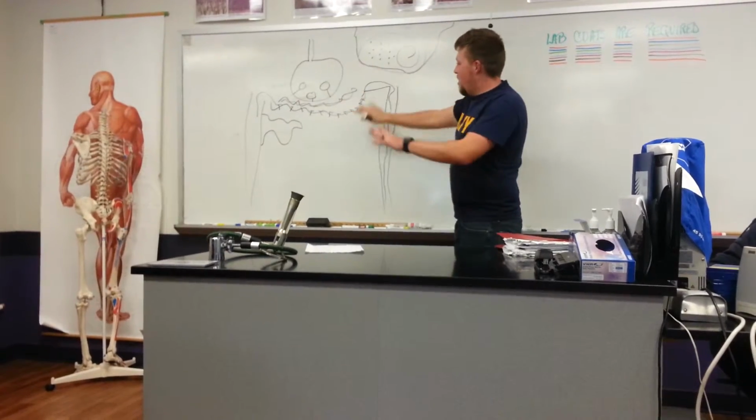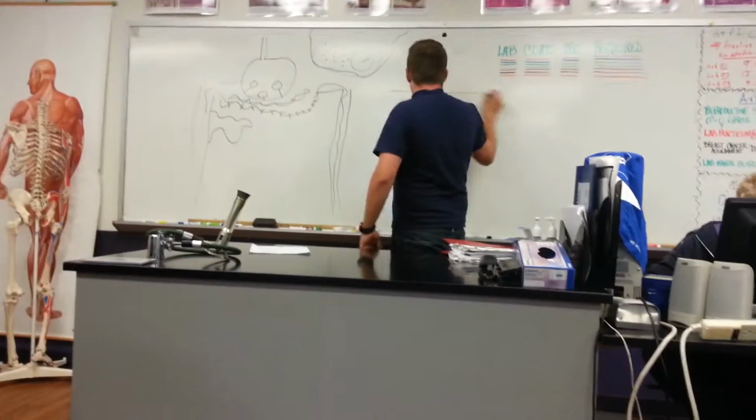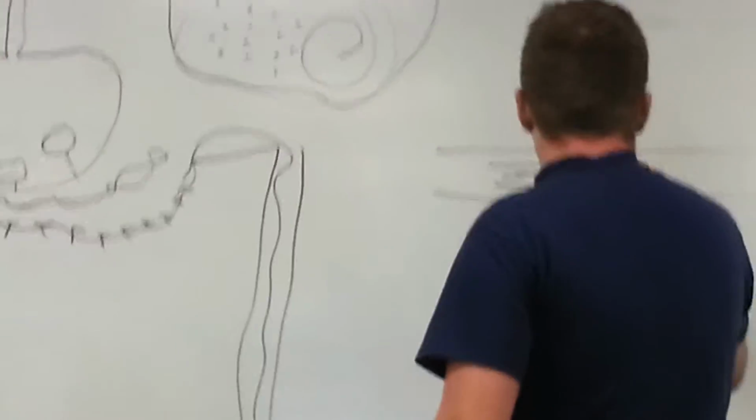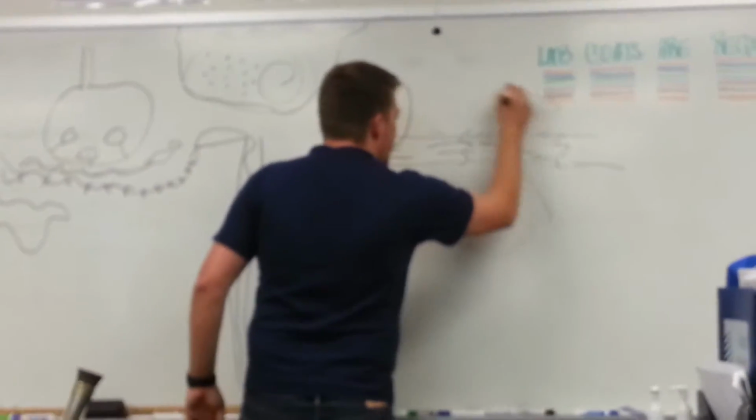So now we're going to zoom in a little bit over here. You have the myofibril with its actin and myosin, sarcomeres, and then the reticulum that comes out like that.